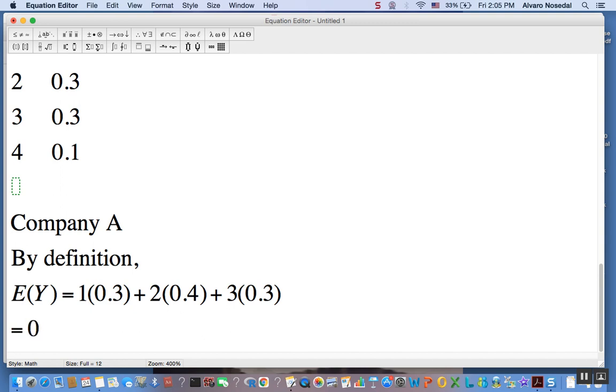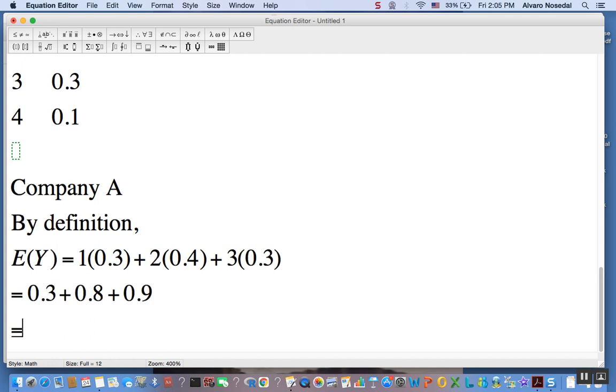That happens to be 0.3, 0.8, and 0.9. You guys agree? Okay. So that would be 1.1 plus 0.9. That's just 2. Okay, so that agrees with what we saw from that graph.